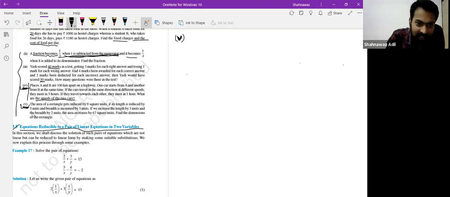Okay, so in this question, the area of a rectangle gets reduced by 9 square units if its length is reduced by 5 units and breadth is increased by 3 units, and if we increase the length by 3 units. So what is the area of a rectangle?